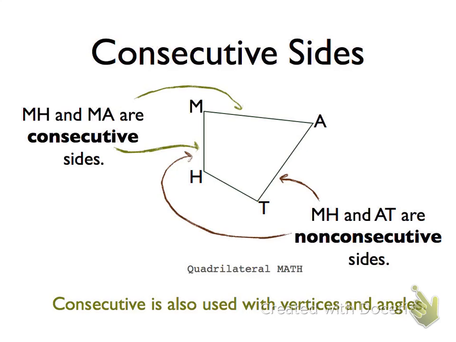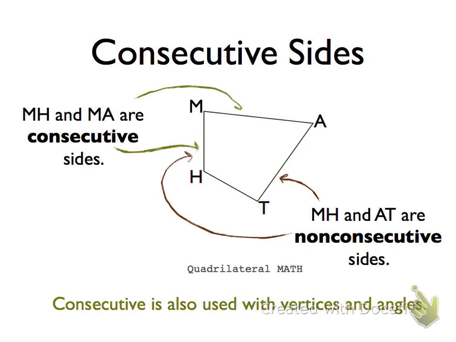All right, here's something else you need to have in your notes: consecutive sides. Exactly what is a consecutive side? Consecutive sides are sides that are right next to each other, like MH here and MA. They touch. They actually come in and intersect. Those are consecutive sides, as well as HT and TA.